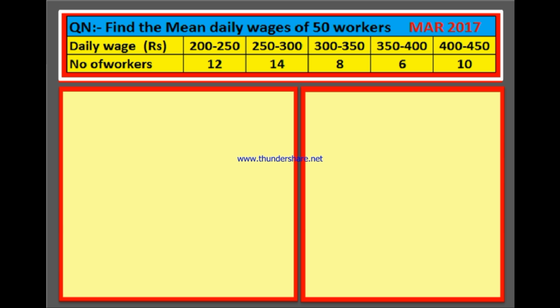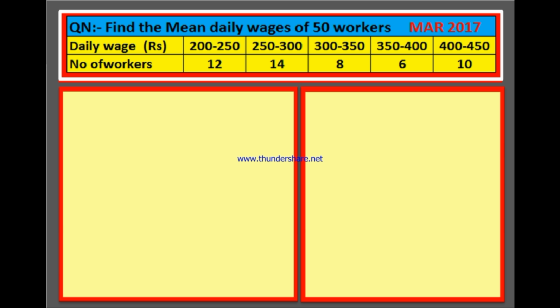As we know, there are 3 methods to find the arithmetic mean. The first is the direct method, the second is the deviation method, and the third is the step deviation method. If the classes or the frequencies are big in number, then it is better to use the step deviation method. Already in question number 1 we came across the direct method. In the direct method we find the product of frequency and class mark.